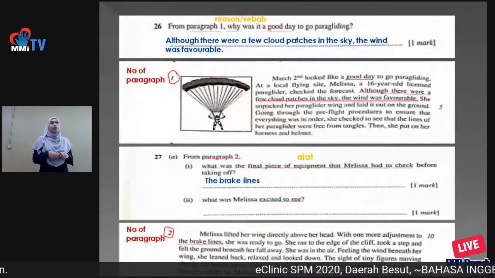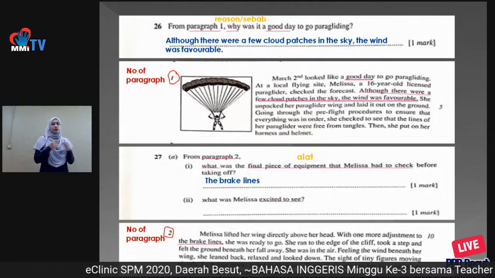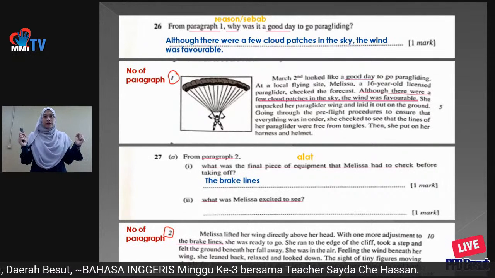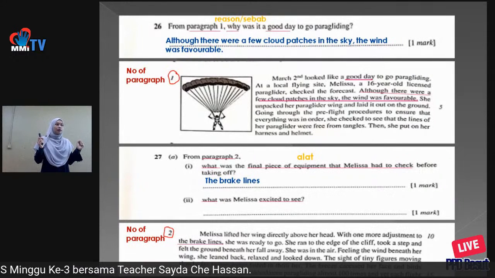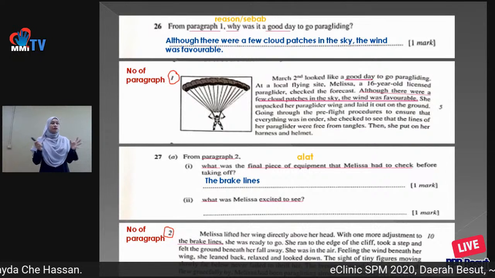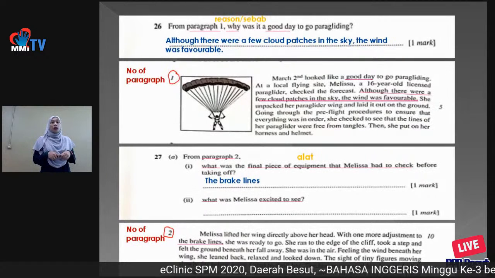When you copy the answer into your answer sheet, make sure the spelling is correct. Sometimes you go very hasty, nak cepat-cepat, nak sudah-sudahkan benda ni cepat, and then you tend to spell the word wrongly.